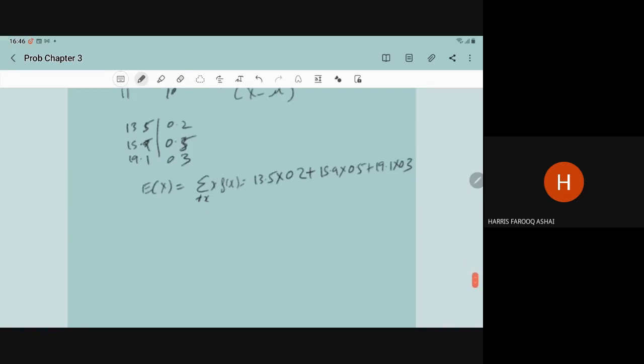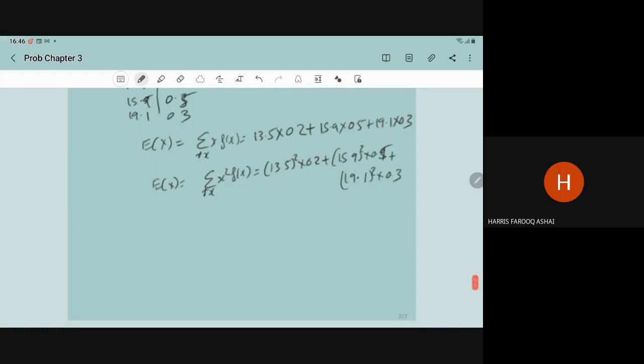That is the EX. What is the EX square? Summation of x square into f(x) for all x. So it is 13.5 square into 0.2 plus 15.9 square into 0.5 plus 19.1 square into 0.3. That will give you EX square.